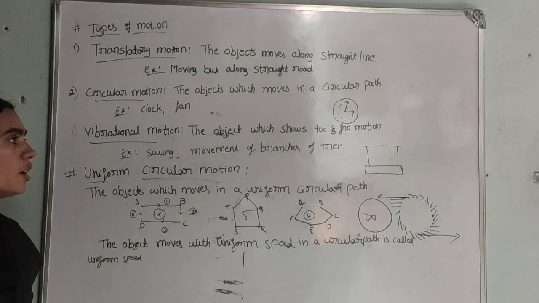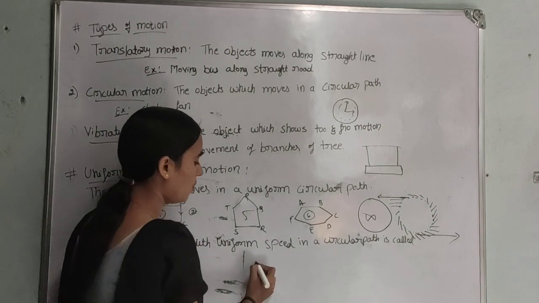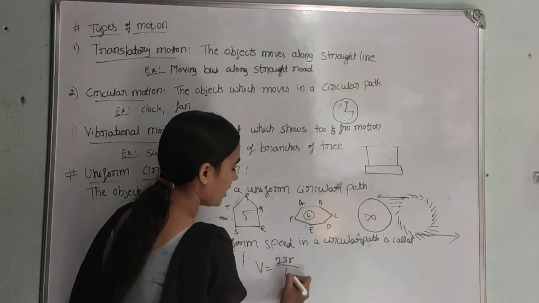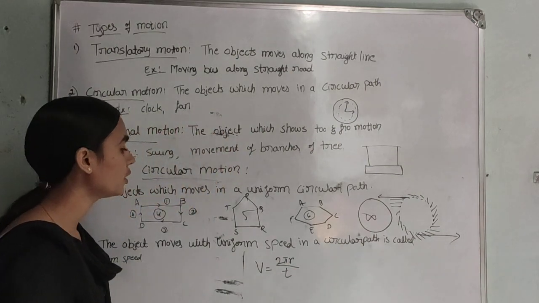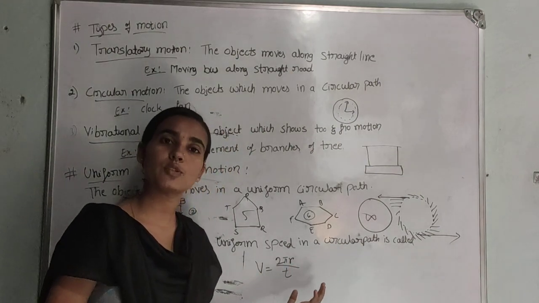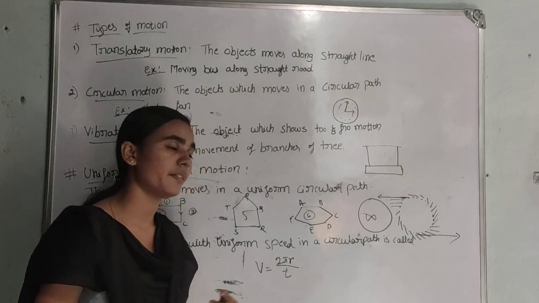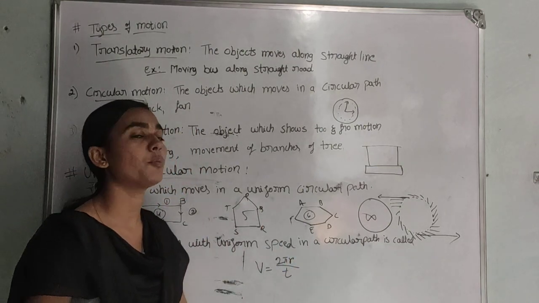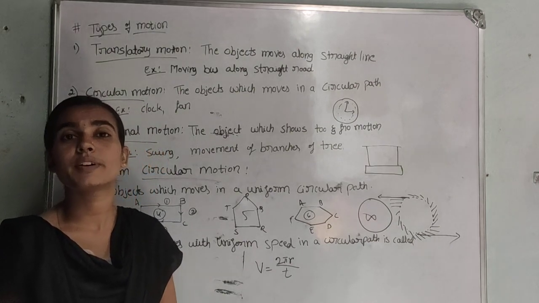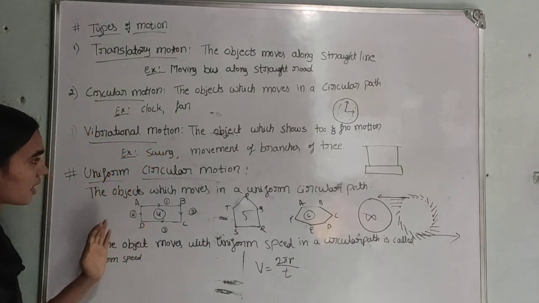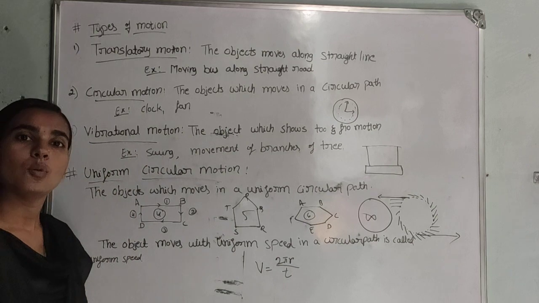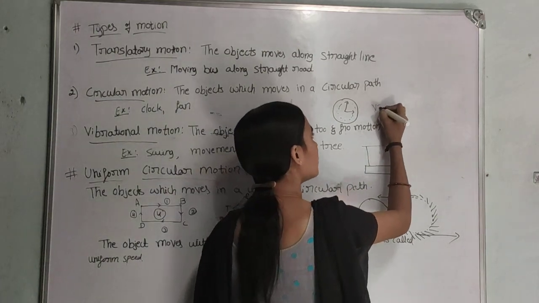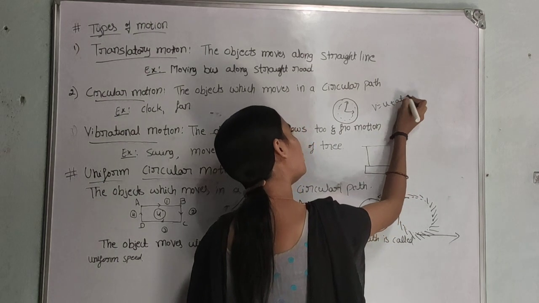So here we have a formula: v equals 2 pi r divided by t. Here 2 pi r is the circumference of the circle, divided by the time t. By using this formula we can find the velocity of a moving object under circular motion. If the objects are moving along a straight line, we use the formula v equals u plus at.